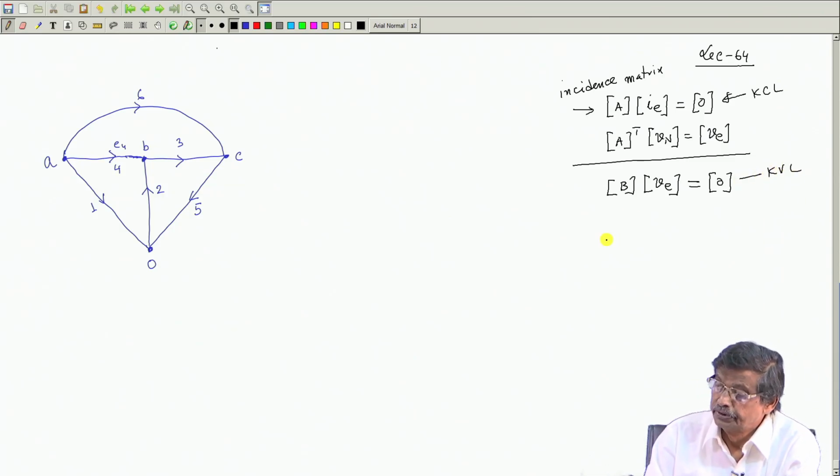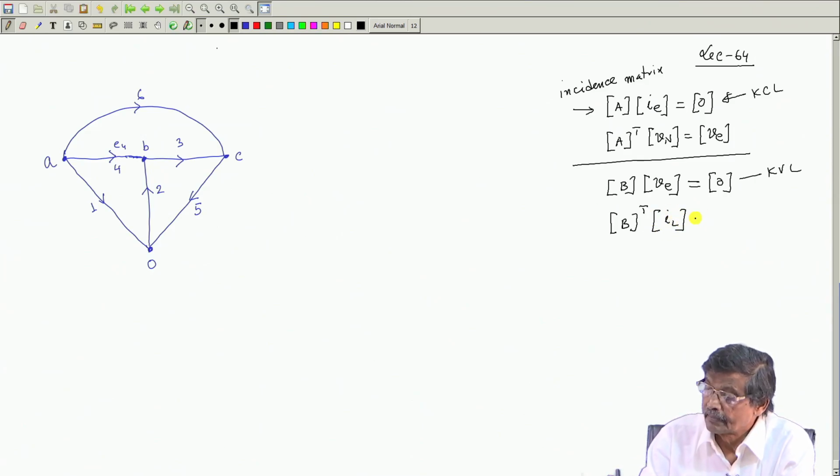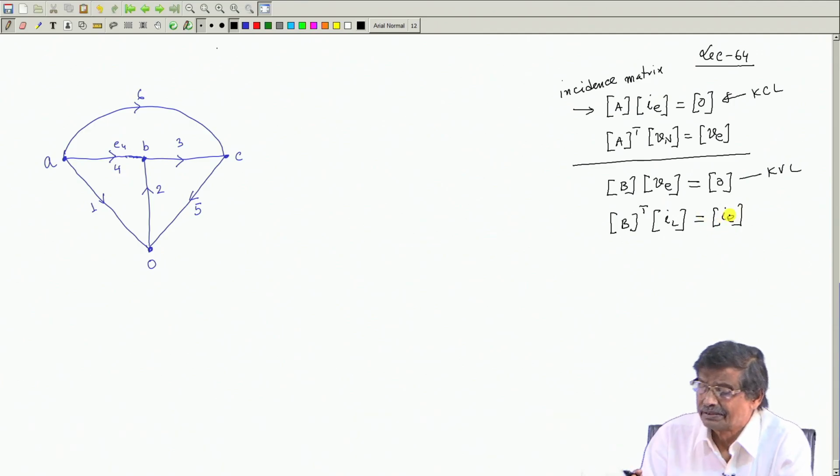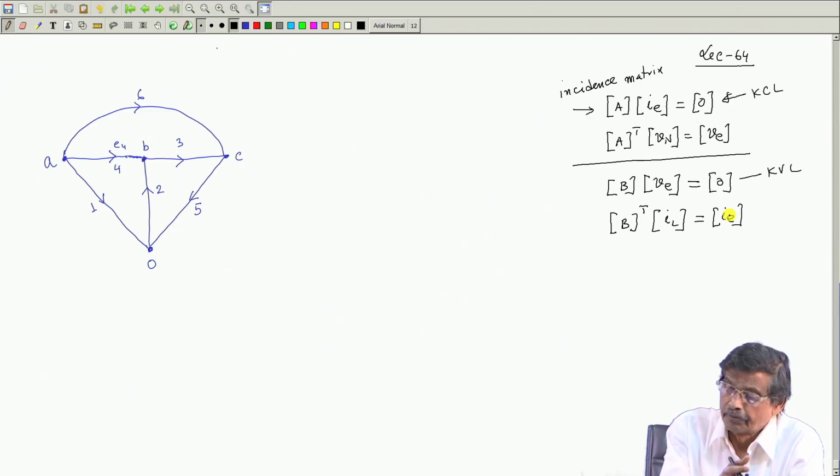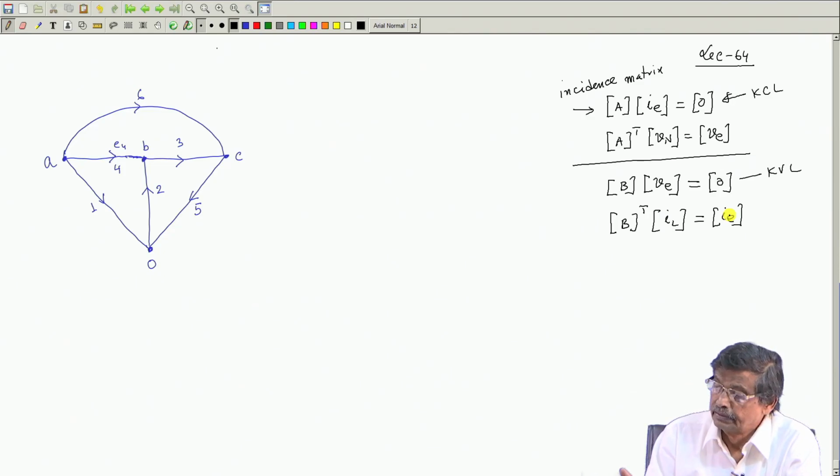B V equal to 0, and also we have seen that B transpose times the loop currents is equal to the element currents. We have discussed at length how to get the B matrix from a given network. I_L is the vector of fundamental loop currents.